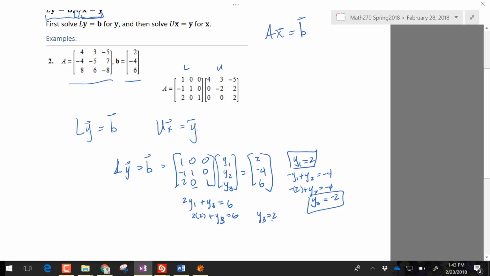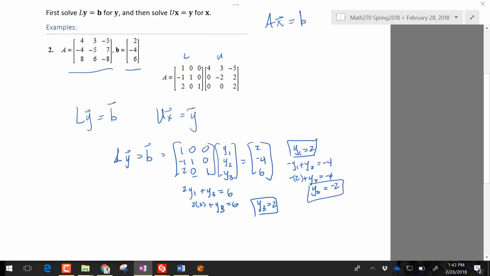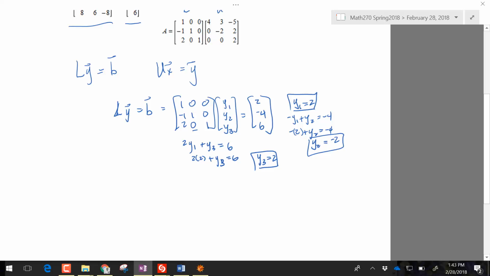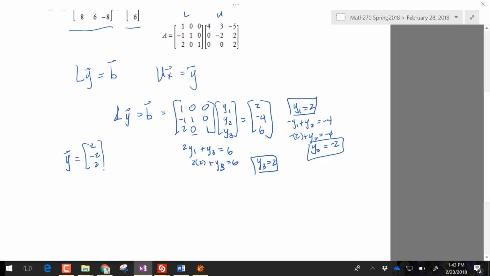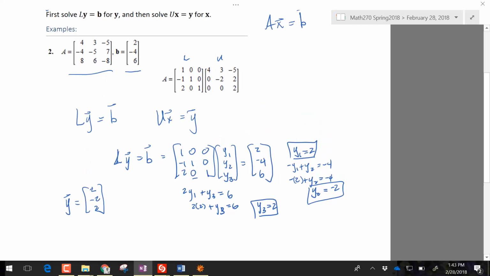Y3 is equal to 2. So the y vector is 2, negative 2, positive 2. And now that can help us solve for the x, the u.